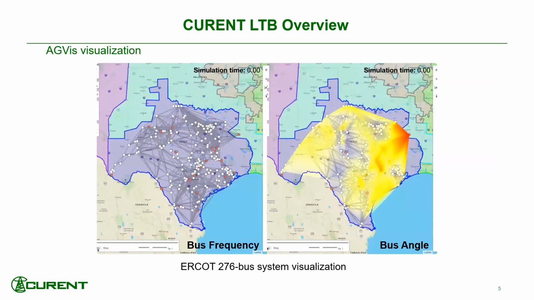Yes. Hey, Jinning, this is Hoy. I have a comment here. I'm not sure if we can put a color bar in this slide or in your visualization web page, so that the color bar can show us the frequency value and the angle value for the different colors.